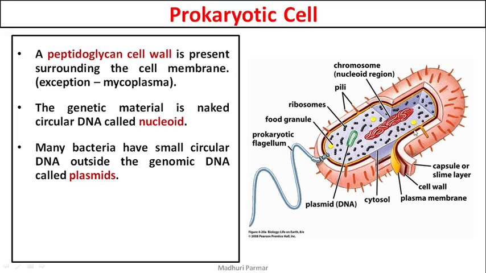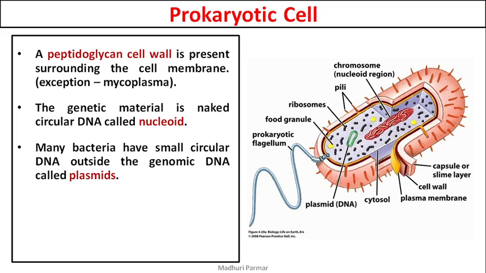One more thing, bacteria or prokaryotes do not have chromosomes like we do. Remember, chromosomes are X-shaped structures made up of proteins called histones and DNA. So bacteria are haploid. First thing, if you do not know this, write it down.